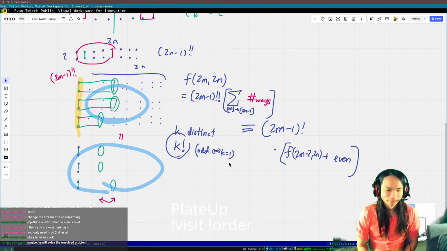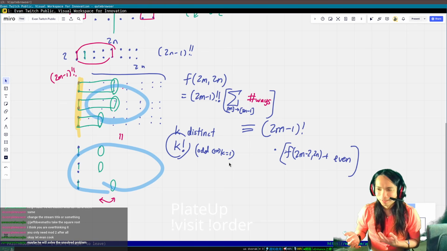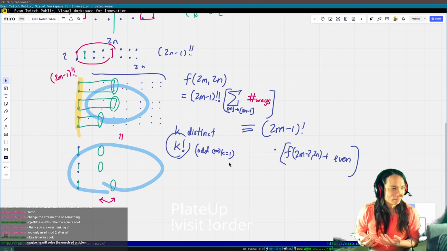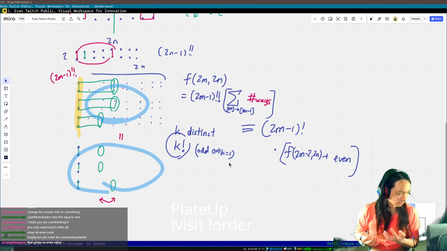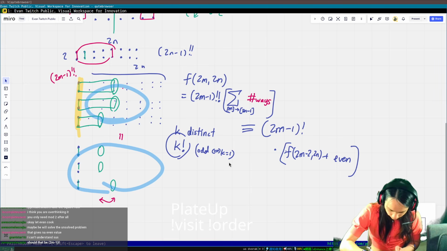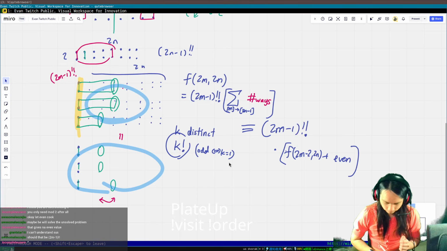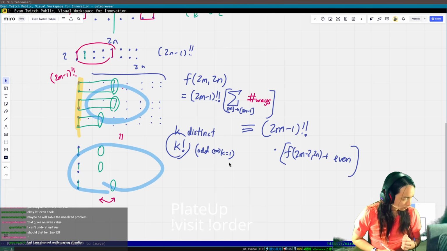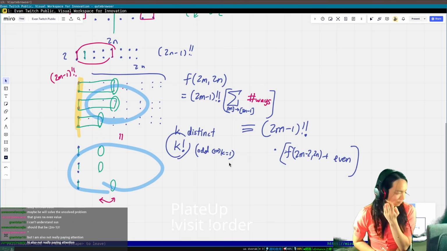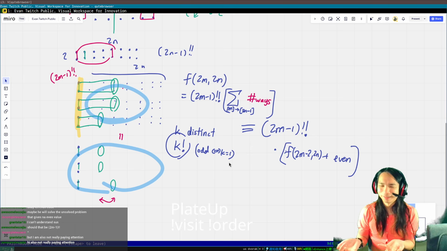I think this is just true, right? Am I high? You guys are telling me that no one has done anything like this, but if this works, I feel like someone else should have come up with something like this too. Right? Maybe? That gives an even value? What do you mean that gives an even value? Should that be 2? Oh, sorry. Yeah, 2 minus 1 double factorial. Wait, this should work, right? Is this not a solution?